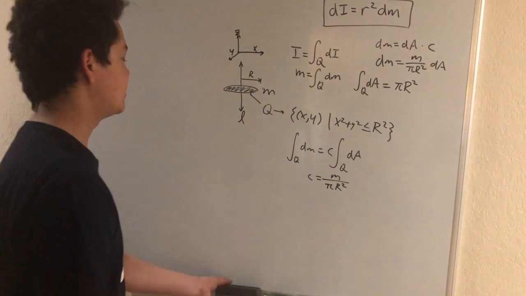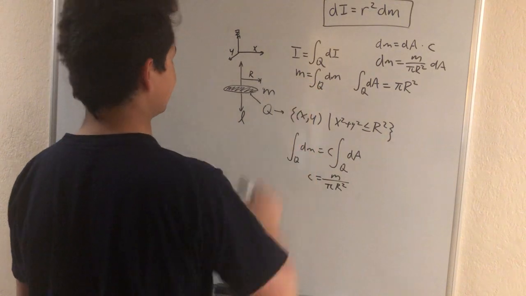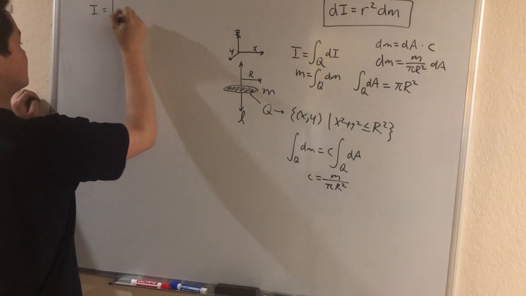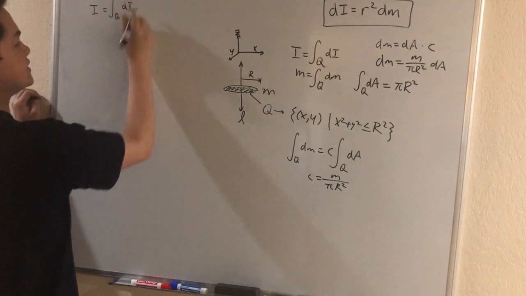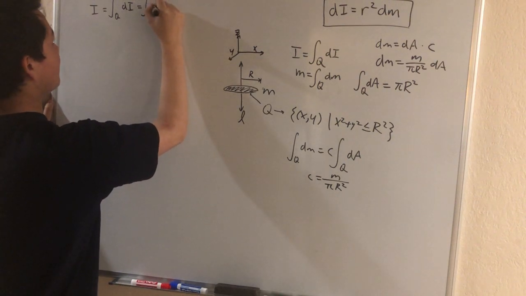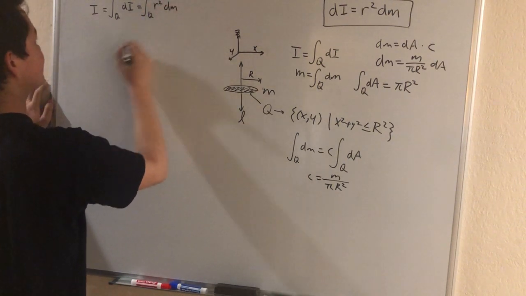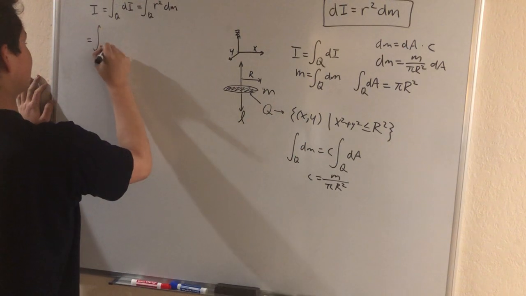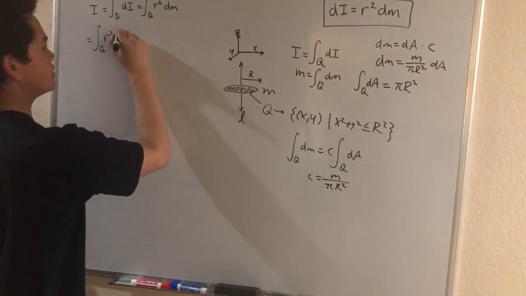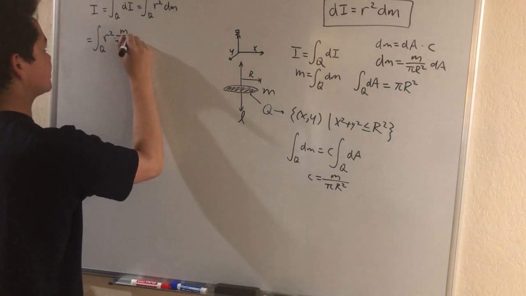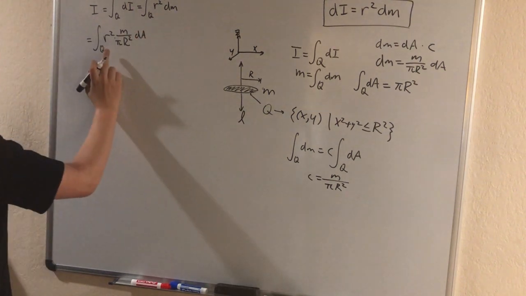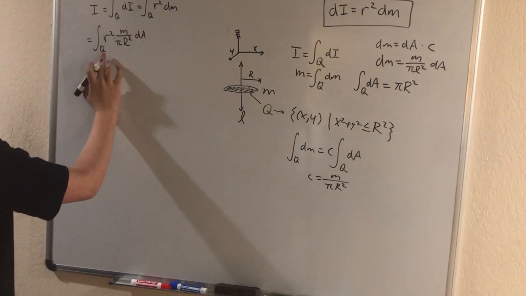So now we can find I. I equals the integral over the region Q of dI. dI is r squared times dm. So that's r squared times dm, which we found is m over pi big R squared times dA. Now we're going to switch into polar coordinates to make things a little bit easier.